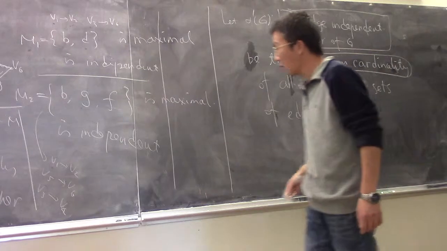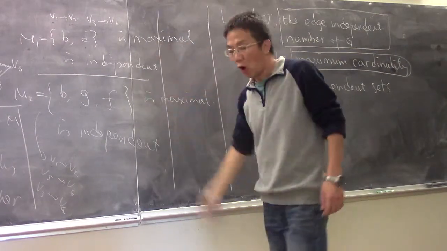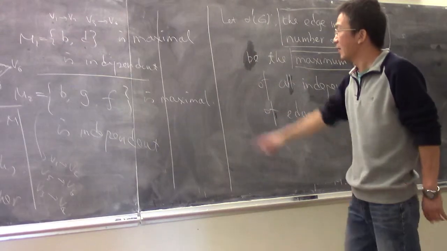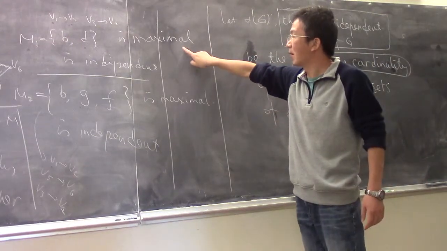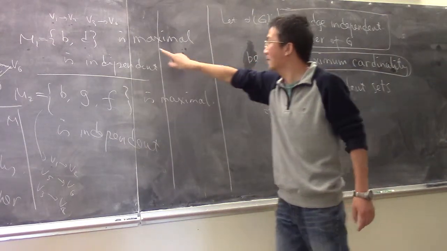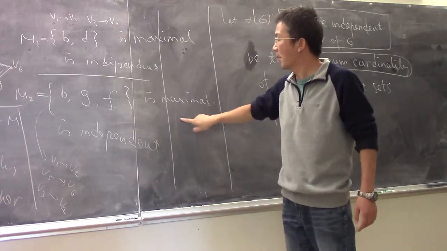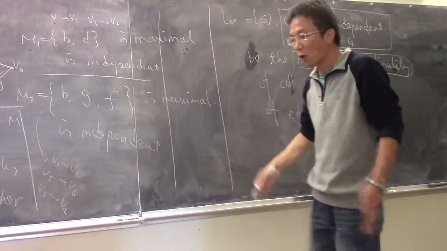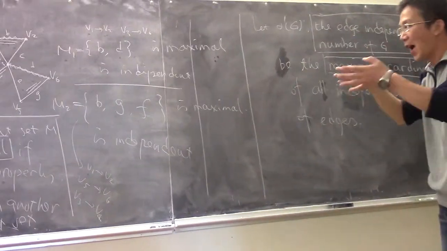So look at all of the possible independent sets. For example, this is one of the maximal ones, and this is another maximal one. If you look at the cardinality, this is 2, this is 3. So I look at all of these cardinalities and find the largest one.